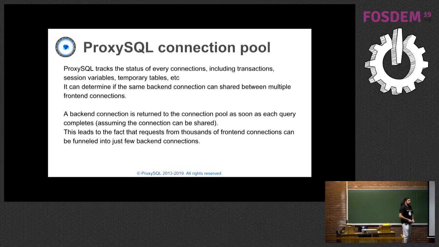So ProxySQL has its own different implementation. It has its own connection pool, and when a connection is being used, after it executes a query, normally this connection goes back immediately to the connection pool, assuming that the connection is safe to be shared. A connection is safe to be shared when there is no transaction running in the connection, there are no temporary tables, there are no user-defined variables, and so on. There are a certain number of criteria that define whether the connection is safe to be shared or not.